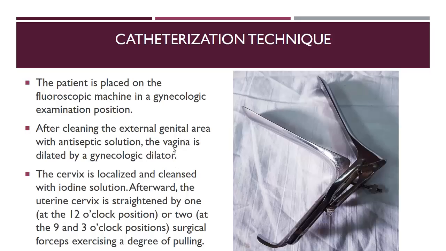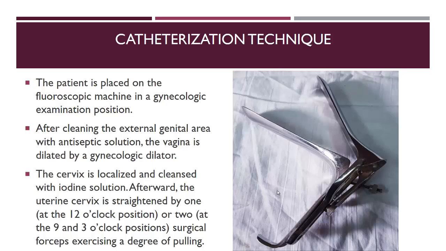How to start the examination? The patient is placed on the fluoroscopic machine in the gynecological, lithotomy position. After cleaning the external genital area with antiseptic solution, the vagina is dilated by a speculum. The cervix is localized and cleaned with iodine solution, and the uterine cervix is straightened by one tenaculum at 12 o'clock position or two at 9 and 3 o'clock.